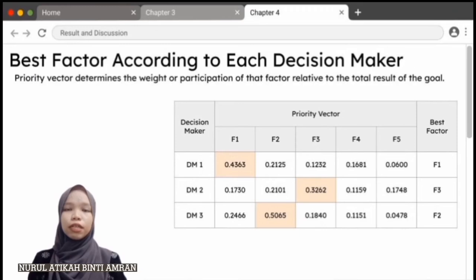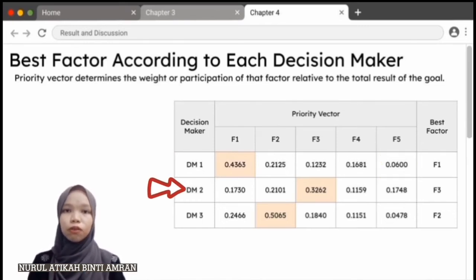Best factor according to each decision maker. For decision maker 1, located in the industrial area, the best factor is F1, 43.63%, followed by F2, 21.25%, F4, 16.81%, F3, 12.32%, and least F5 with 6%.